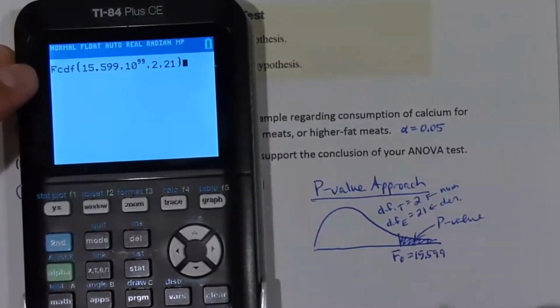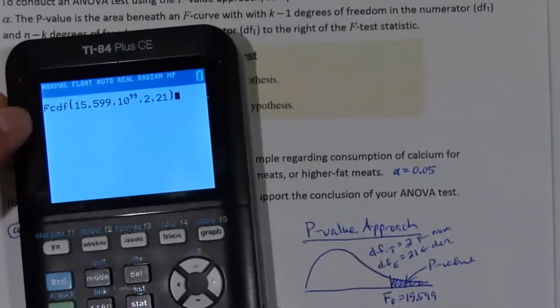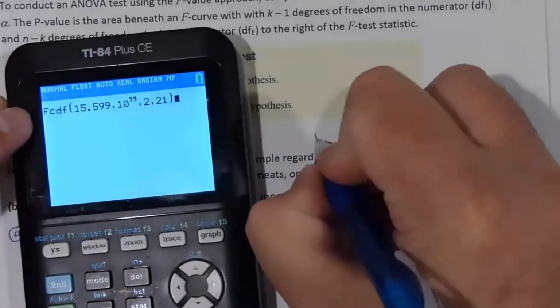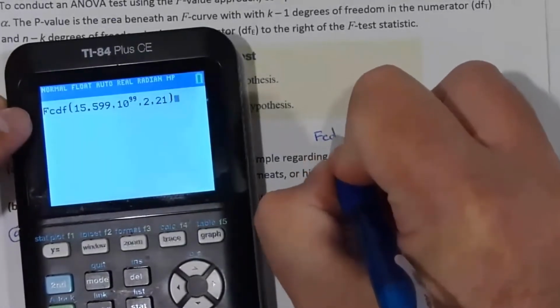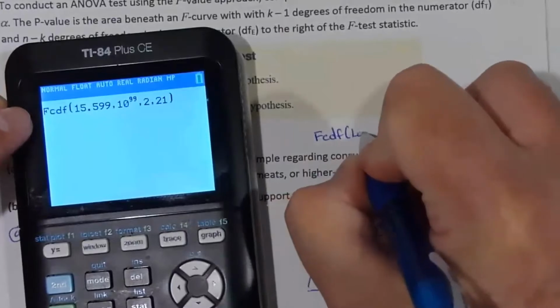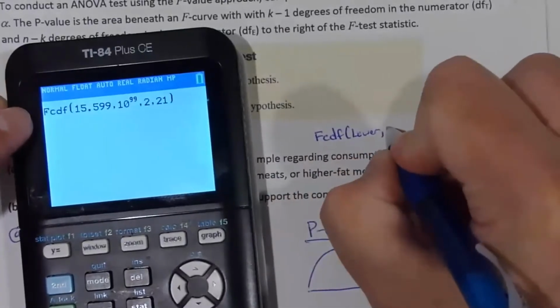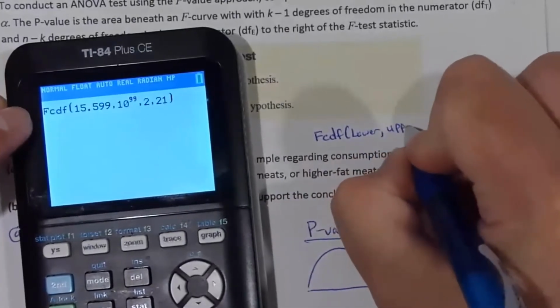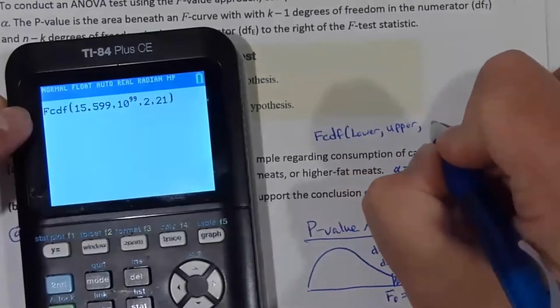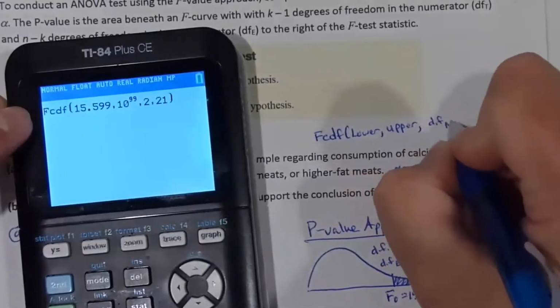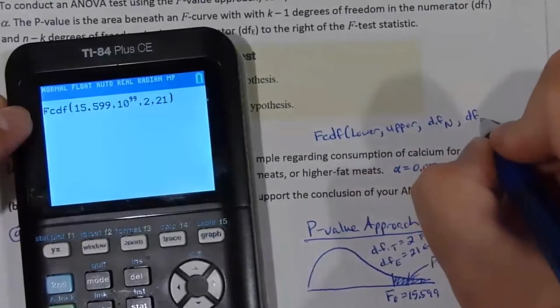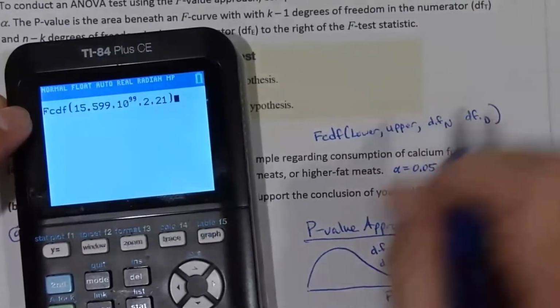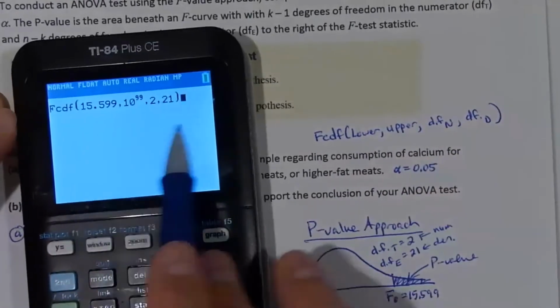You don't get the window like I got on my calculator if you have an older one. So the command as a general rule is going to be FCDF. You're going to have the lower bound, the upper bound, and the degrees of freedom for the numerator and the degrees of freedom for the denominator. That's the general command that we have here.